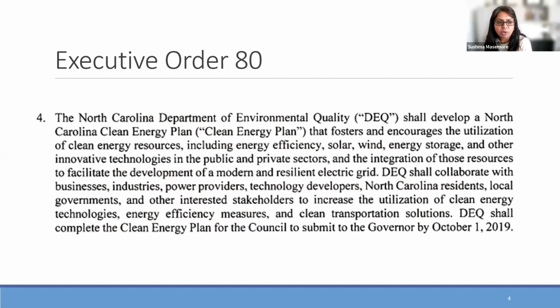He tasked our department to work with the public and the industries and the businesses to deliver a forward-looking 21st century clean energy plan. He also established a climate council that was comprised of all of our cabinet agencies officials, and that team worked as the implementer and the executive leadership for complying with the executive order.